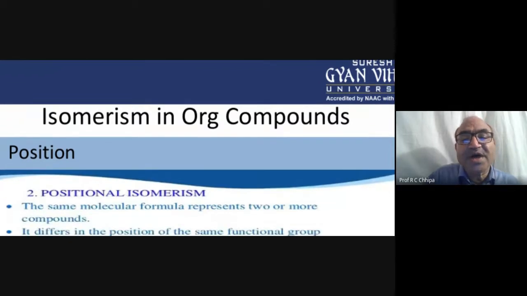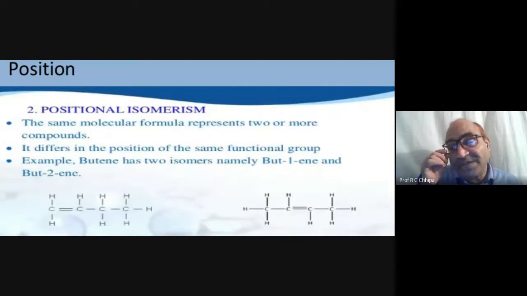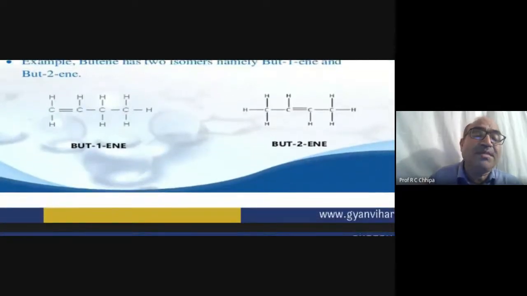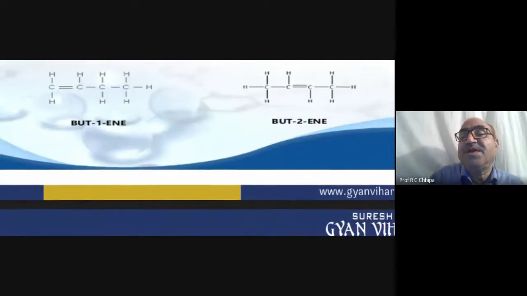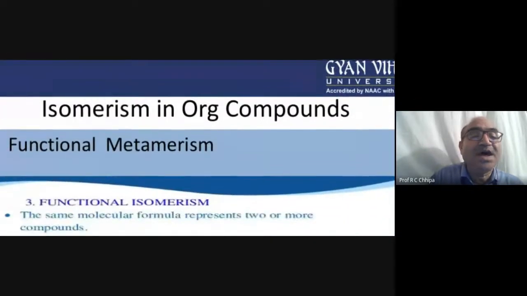Similarly, in the case of the hydroxy group, that is the alcoholic group, the alcoholic group also has a position, and the double bond also has a position. In the case of 4 carbon atoms, in 1-butene the carbon double bond carbon is at the one position. In 2-butene, the carbon double bond carbon position starts from the second carbon atom.